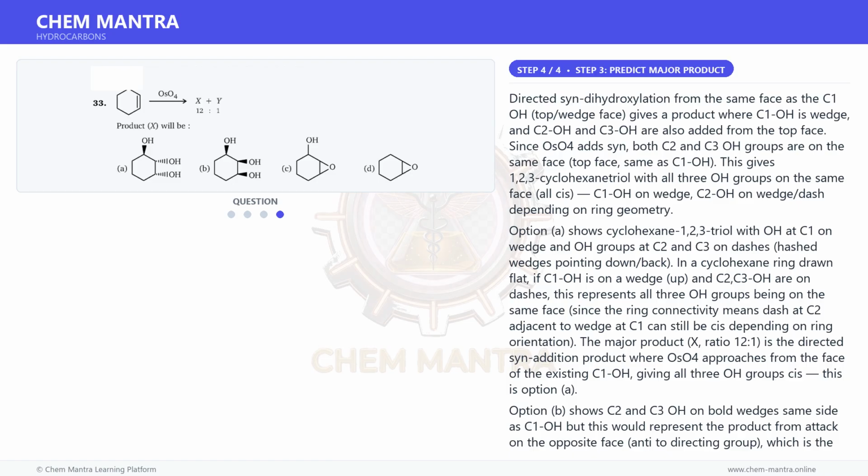The major product, X, ratio 12:1, is the directed syn addition product where OsO4 approaches from the face of the existing C1 OH, giving all three OH groups cis.